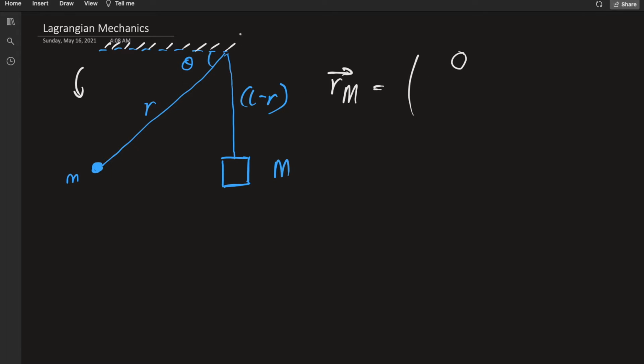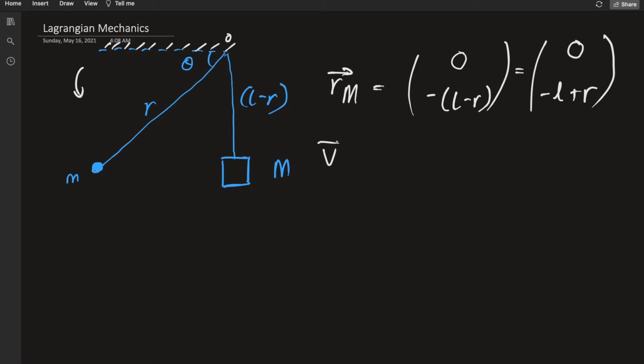For the y, we know the length, so if we take this as the origin, we're in the negative y direction, so we have negative of L minus r. I'm now writing these as column vectors just for convenience: the first entry is the x component and the second entry is the y component.